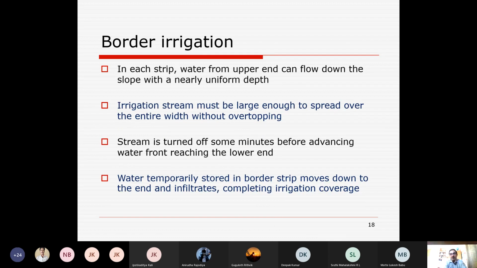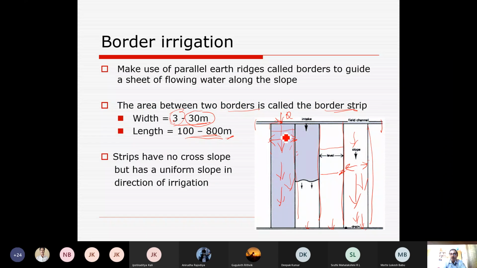In the border irrigation method, in each strip, water from the upper end can flow down the slope with a nearly uniform depth. We are simply thinking that it's a nearly uniform depth of water everywhere, so that the opportunity time is the same. Now put in the infiltration idea.